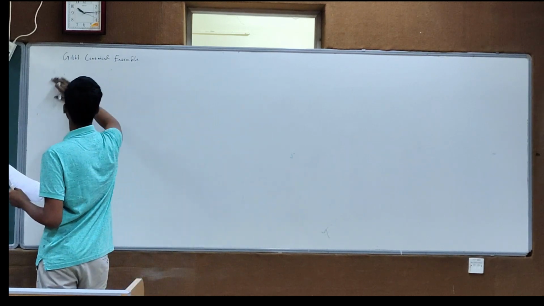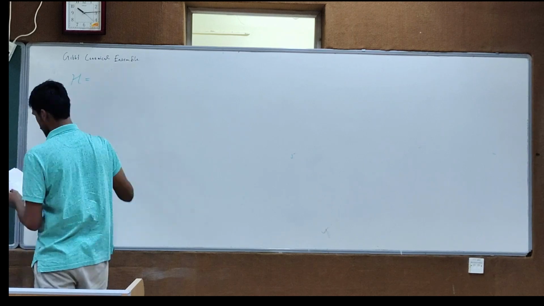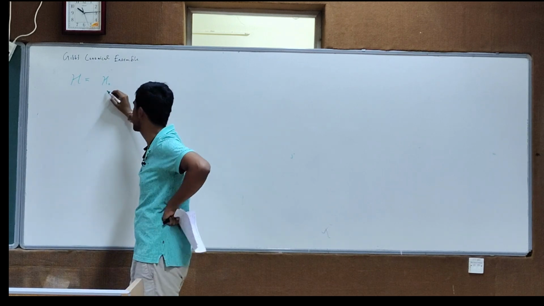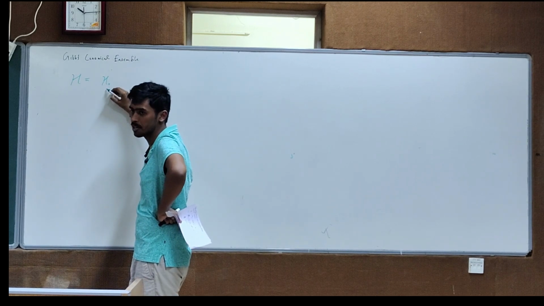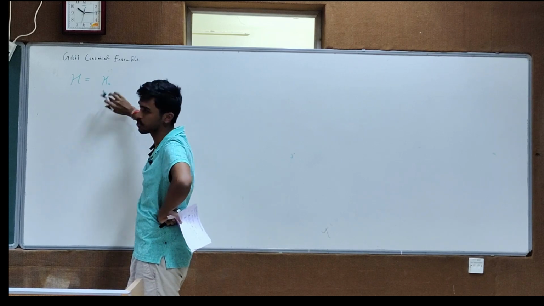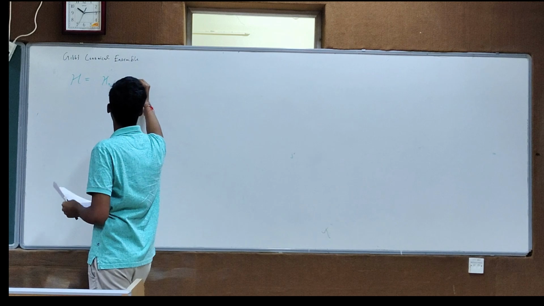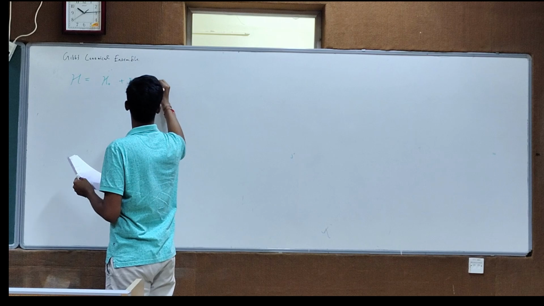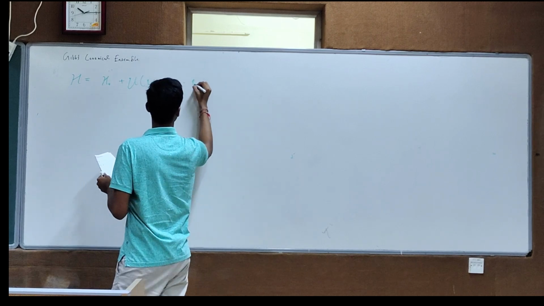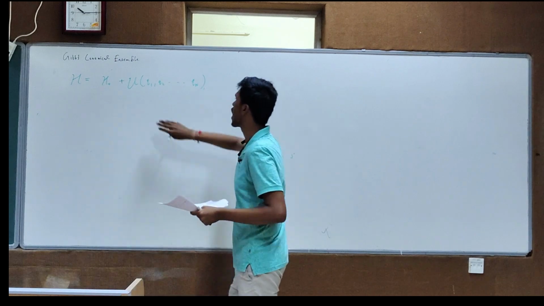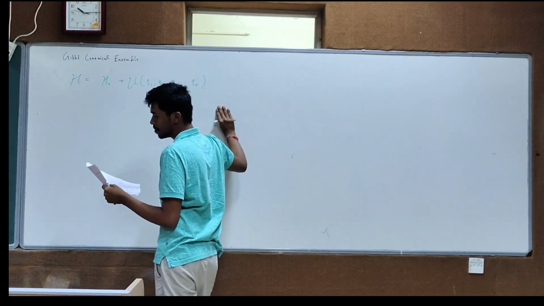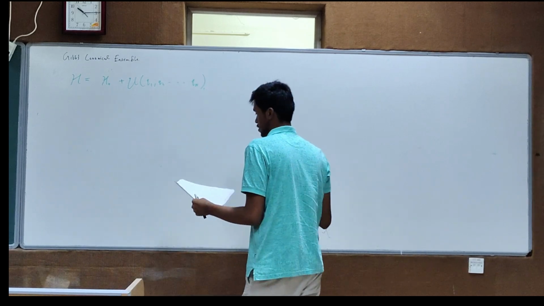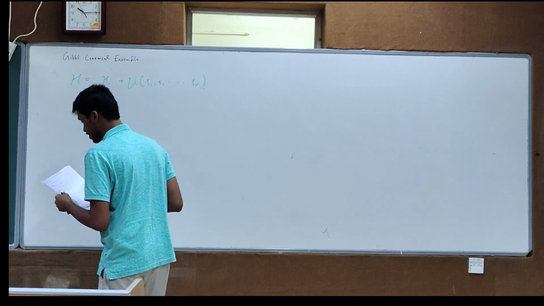So let's suppose you have a general system which has a Hamiltonian H naught. This H naught has a partition function. If you had this Hamiltonian, you could calculate it. And it has a potential. And when you have this total Hamiltonian, calculating the partition function is not possible analytically.